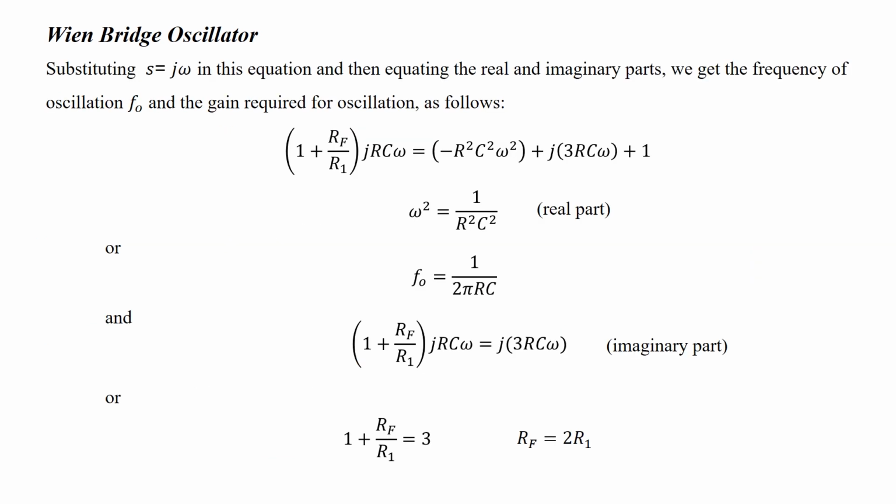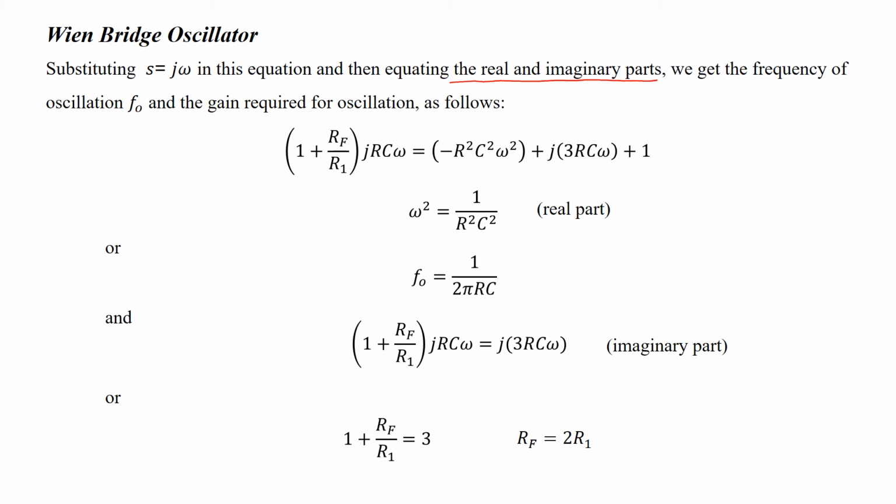Now substituting the value of s is equal to j omega in the above equation, we need to equate the real and imaginary parts. We will get the frequency of oscillations and the gain for the oscillator. 1 plus Rf over R1 into j RC omega is equal to minus R square C square omega square plus j 3 RC omega plus 1. This is the equation we get by putting s is equal to j omega.